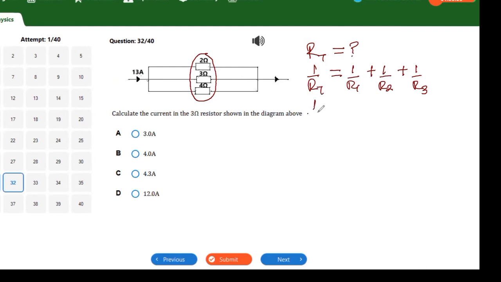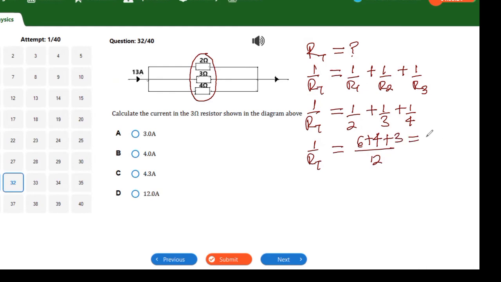So I'm going to have 1 over R total equal to 1 over 2 plus 1 over 3 plus 1 over 4. The LCM here is going to be 12. 2 in 12, that will be 6. 3 in 12, that will be 4, 4 times 1 is 4. And 4 in 12, that will be 3.